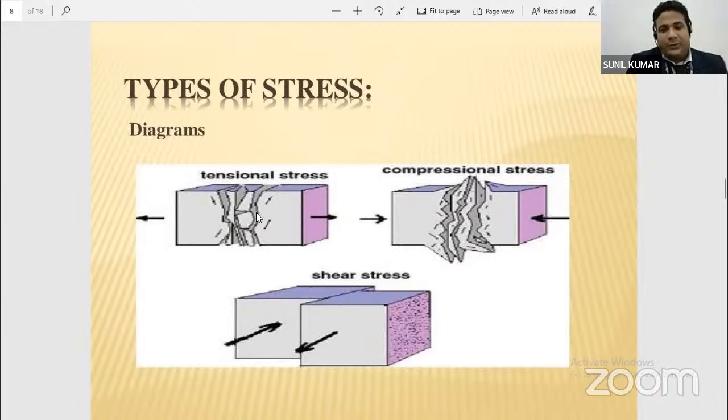So consider any one point, where the area is small delta A and the force is delta F. Then sigma is equal to limit delta A tends to 0, delta F upon delta A.